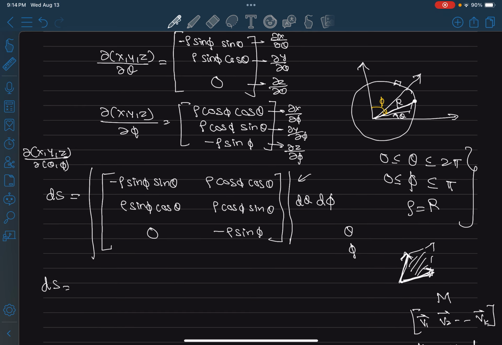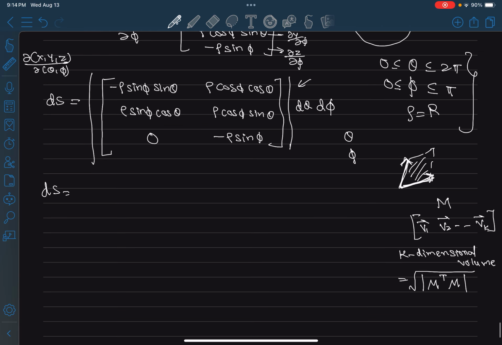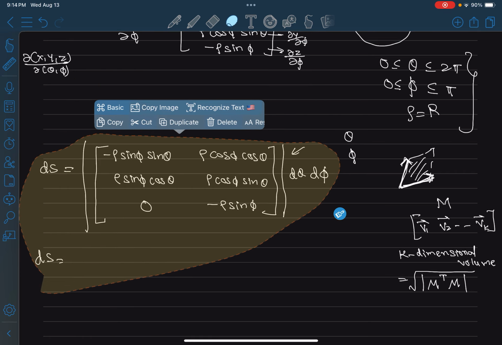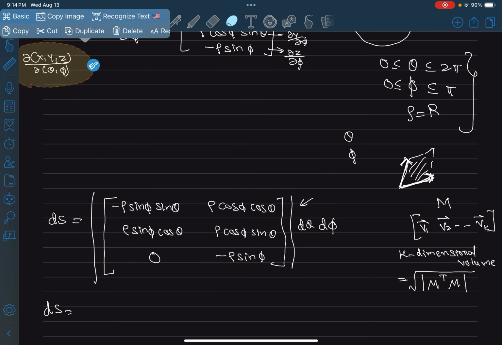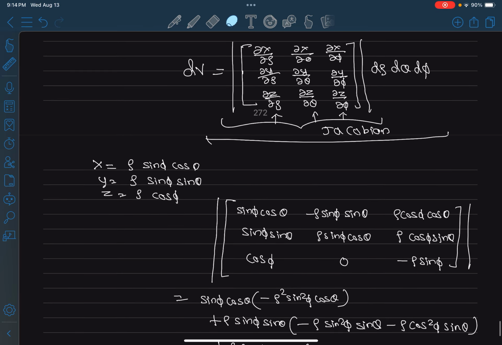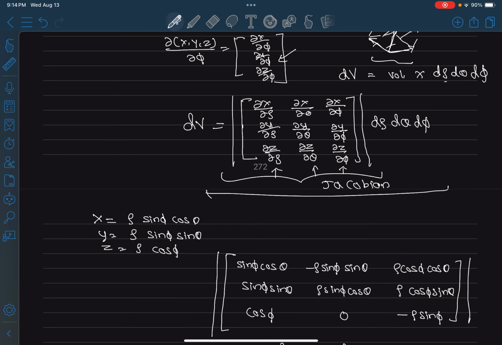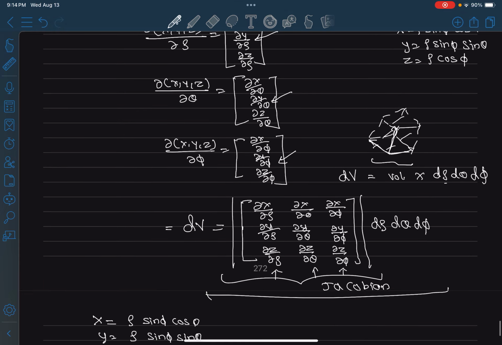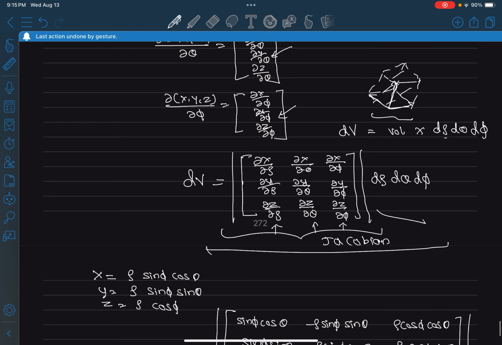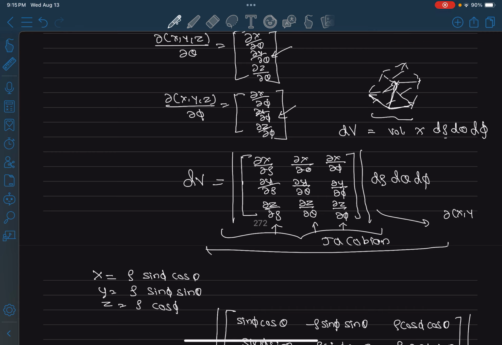I forgot to write it over here, so let me write it before I write this step. Previously I also wrote that vector over here. This matrix was actually the partial of xyz with respect to rho, theta, phi.